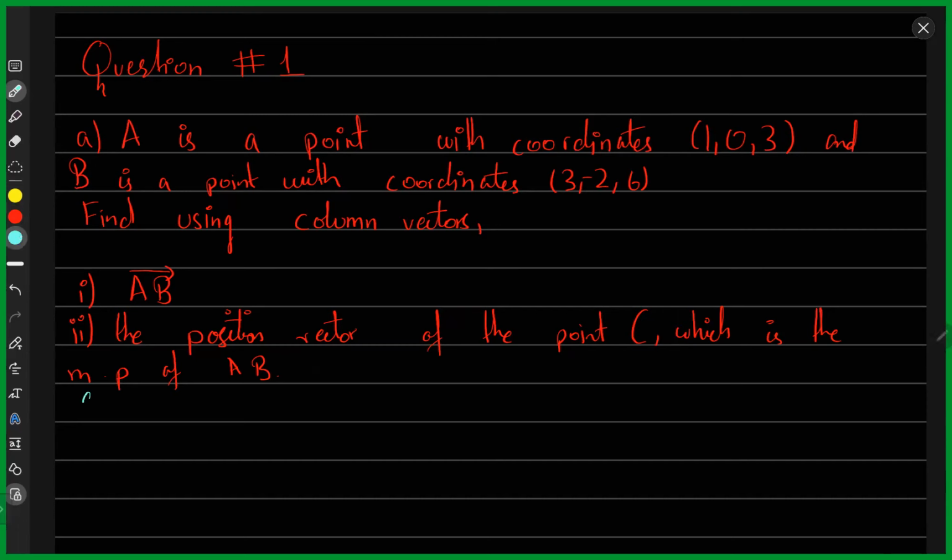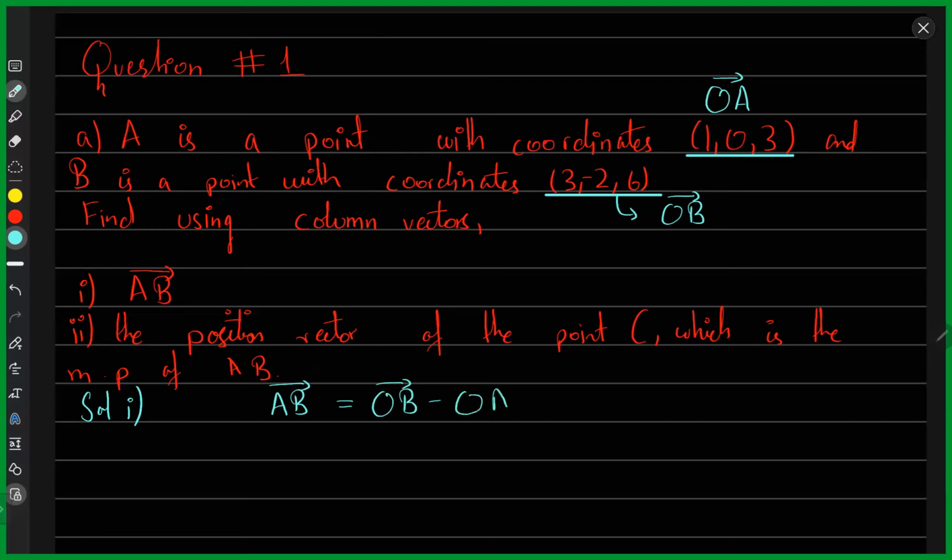Let's talk about the solution of the first part, AB. So this is basically the coordinates of A, and I told you guys this would basically be the position vector, and this is the coordinates of B. So this is basically going to be the position vector for B. And now if I'm interested in finding out AB, I told you we write it down as OB minus OA.